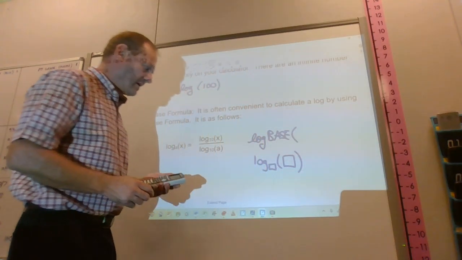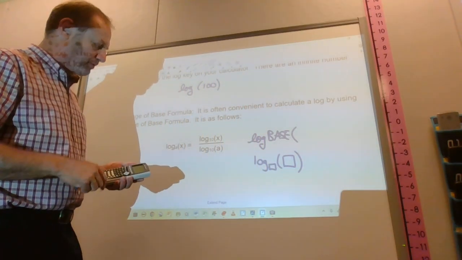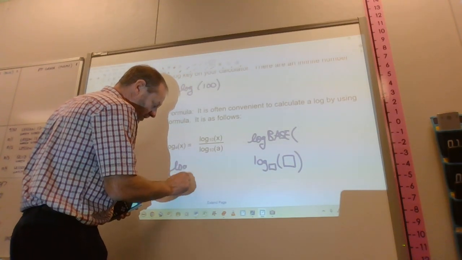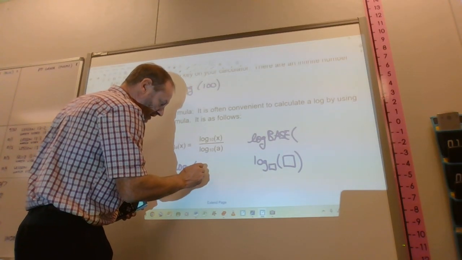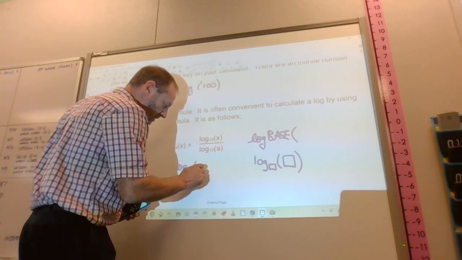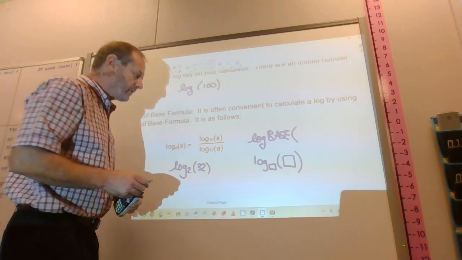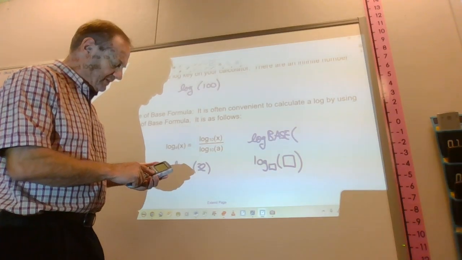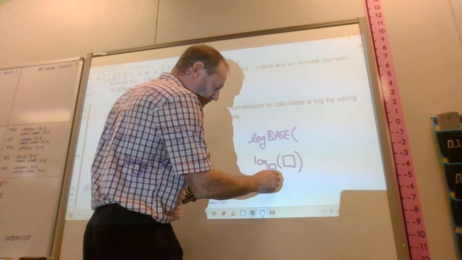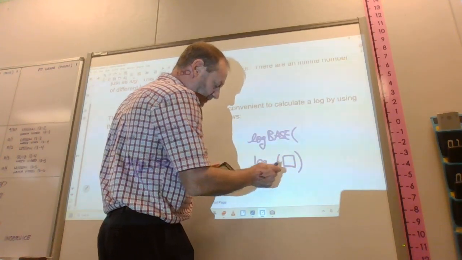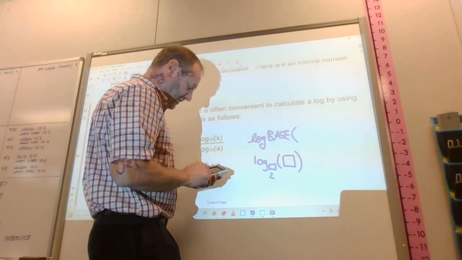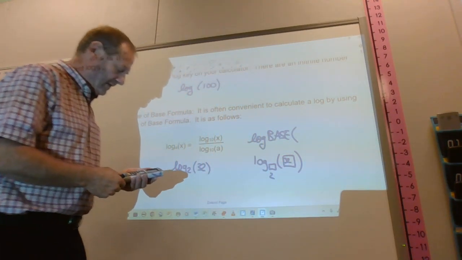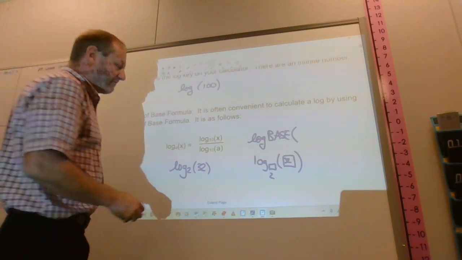It'll start you out in the little one, and you just put whatever the base is. So if we wanted the log base 2 of, how about 32, you put 2 in there, then use the arrow key to move over, put 32 in there, then arrow out, and hit enter, and it says 5.